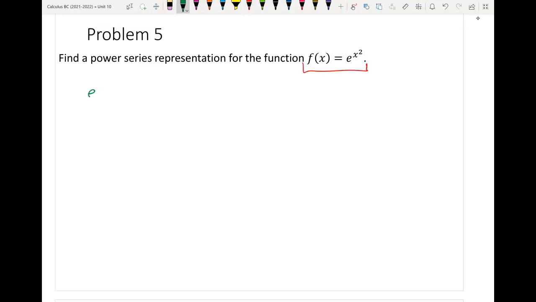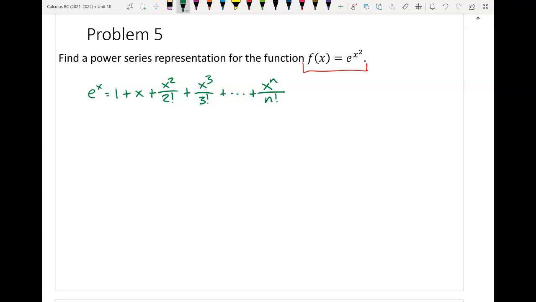Well, first off, if we remember, e to the x is going to be 1 plus x plus x squared over 2 factorial plus x cubed over 3 factorial and so forth, where our general term is going to be x to the n over n factorial, right?